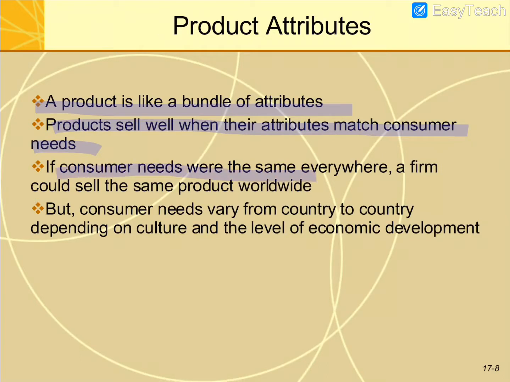So if consumer needs were the same everywhere, a firm could sell the same product worldwide. But consumer needs vary from country to country, depending on the culture and the level of economic development. In other words, product attributes are the additional characteristics of a product. For example, they can be size and color.